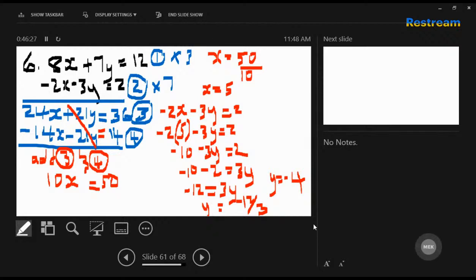So that's the 6 problems for today. We have done all of the methods for solving simultaneous equations. The algebra method, we have looked at substitution and we have looked at elimination. The matrices method we've done and the graphical method we've done.